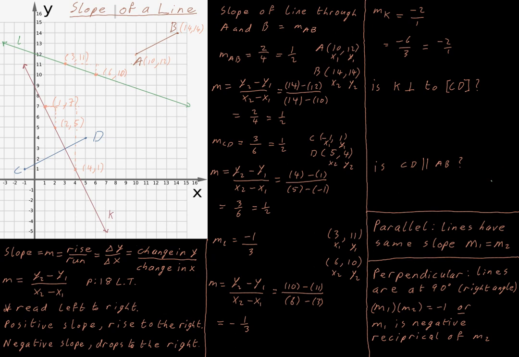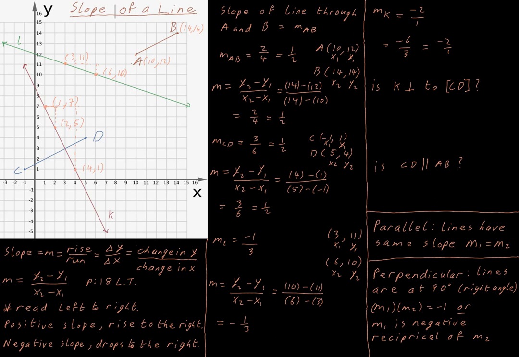Now, the last concepts we need to link into this are the idea of parallel lines and perpendicular lines. Parallel, anytime we hear that word from now on, we're going to say that's talking about the slopes of lines, and that means that the slopes of the lines are the same. So if we have parallel lines, we have the same slope. And mathematically, the slope of the first one is equal to the slope of the second one.